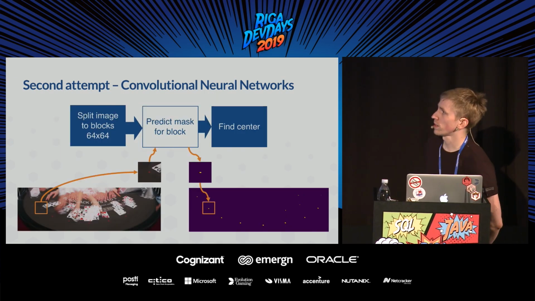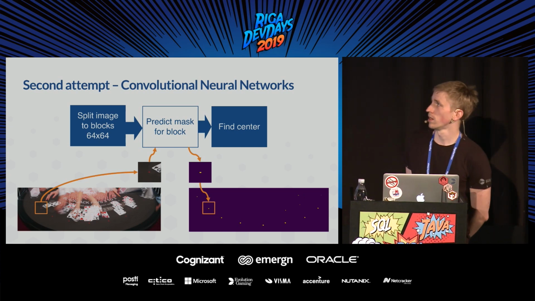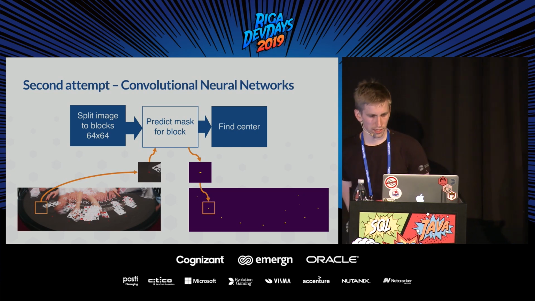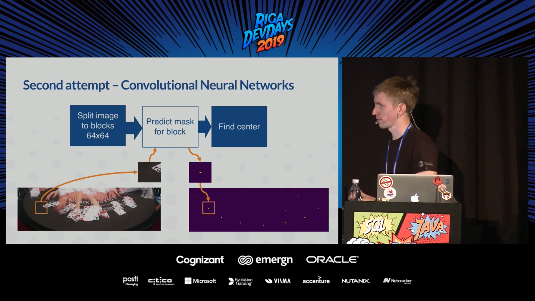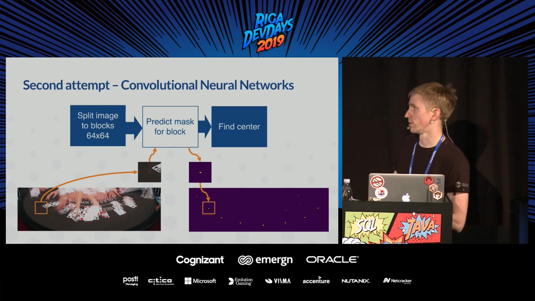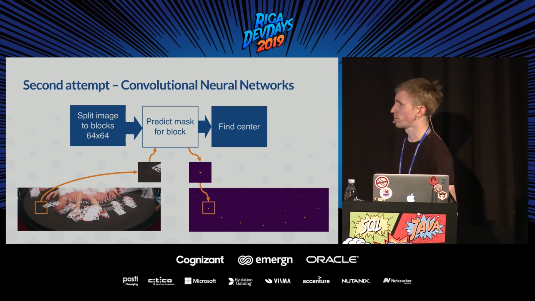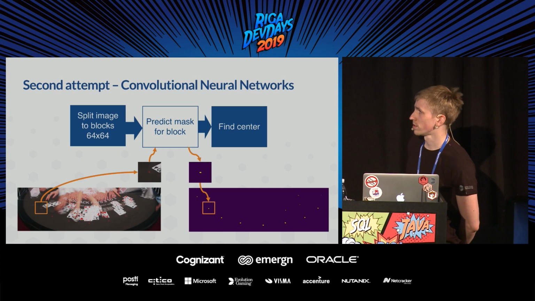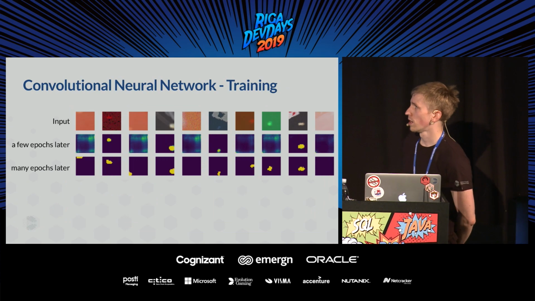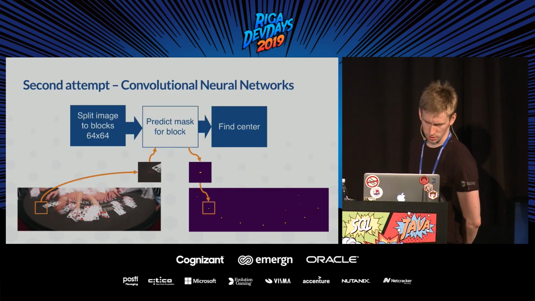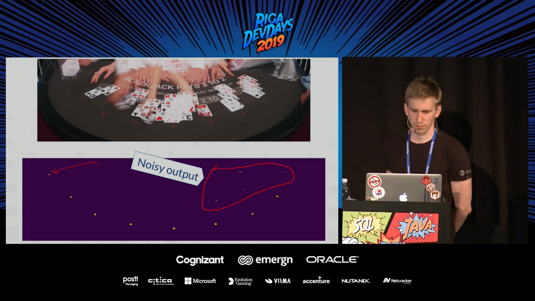So we took the image and divided it into blocks of 64 by 64 pixels. We put it into our machine learning model, and we got out the mask for that. After that, we compiled all the responses of the neural network, all the output blocks, and we got this image in the end. Okay, the next logical step would be to find the centers of these LEDs, but it didn't work very well because the output was a little bit noisy, and we had problems here and there.